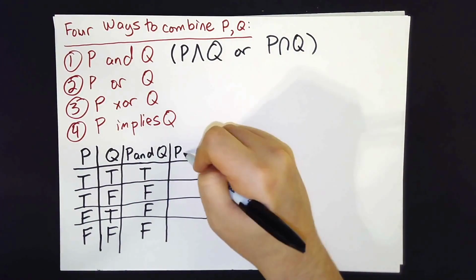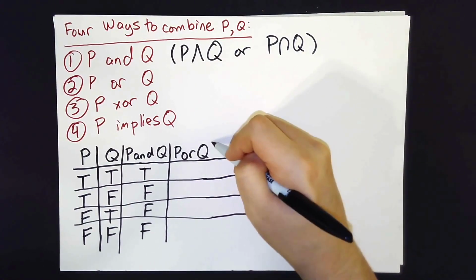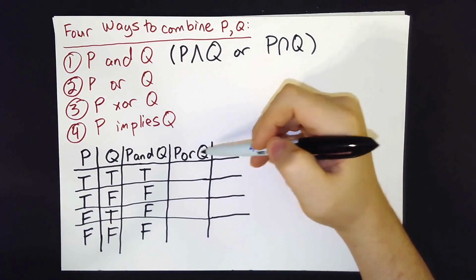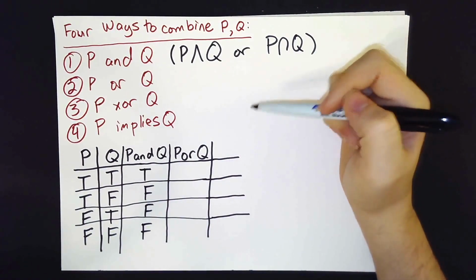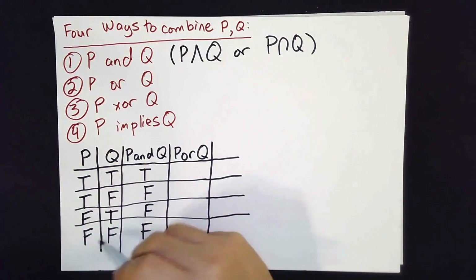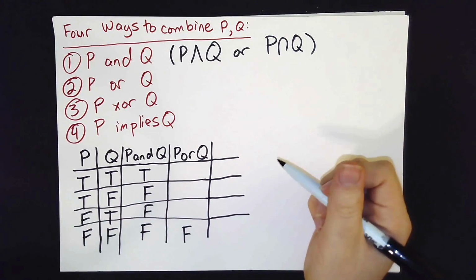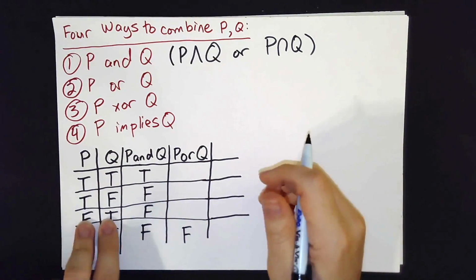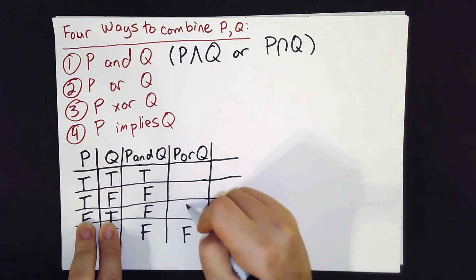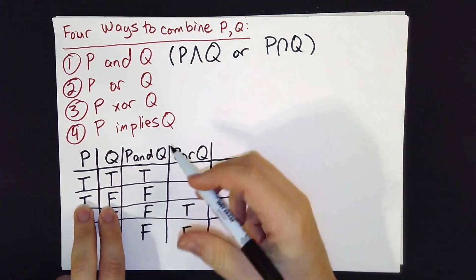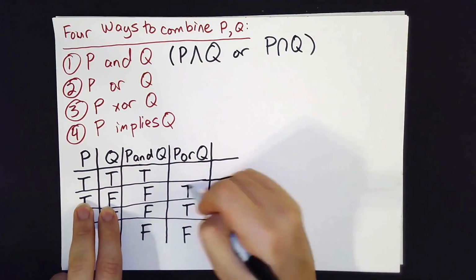Next up, let's talk about P or Q. And this is really the statement, P or Q is true. That's definitely not true if both of them are false. On the other hand, it's definitely true if Q is true and P is false. It's definitely true if P is true and Q is false.